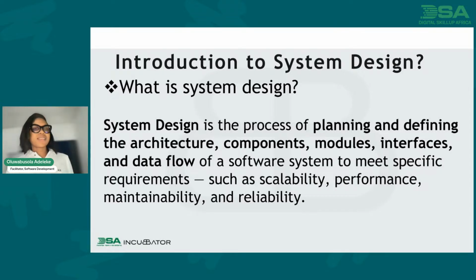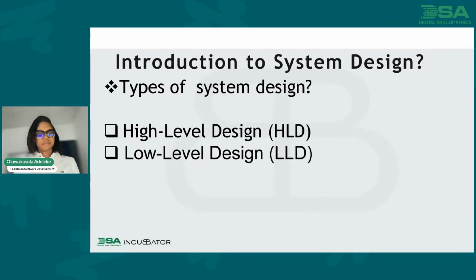These requirements are scalability, performance, maintainability, and reliability. Practically, we have two types of system design: high-level design, which is the abstract one, and low-level design, which is the one that touches the individual sections.